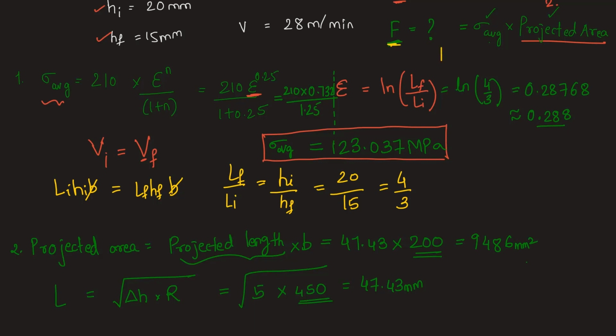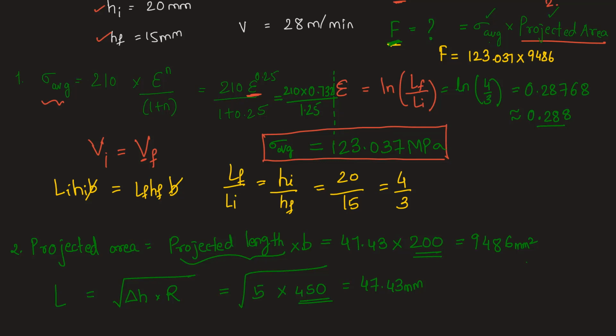Let's put all these values in the formula for rolling force. So we will get rolling force F equal to 123.037 into 9486, which in Newton gives the value 1167062.58, but we anyway have to write the answer in kilonewton.